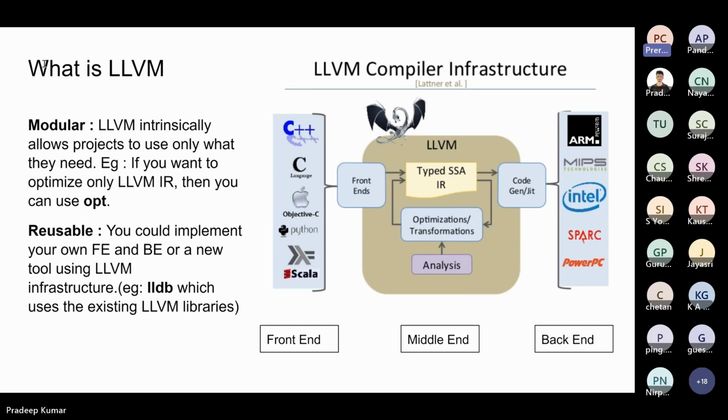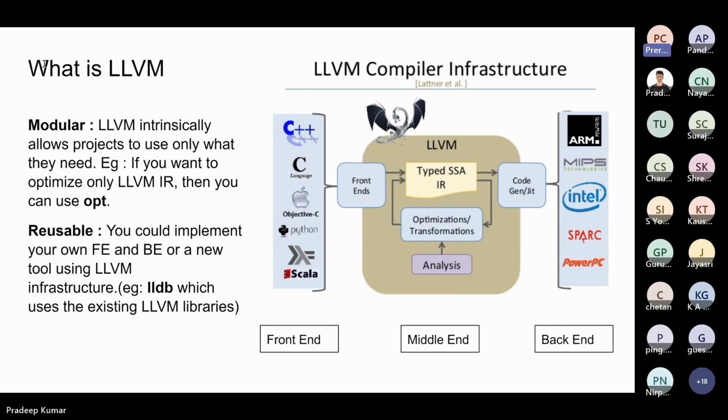Let's say you have designed your own programming language and you want to write a compiler for it. You can use the LLVM toolchain to do that. You'll have to write a parser or basically the front end for your programming language, and you can then lower it into some LLVM IR, which we'll cover in the next slides.